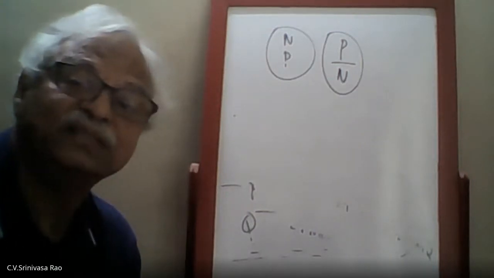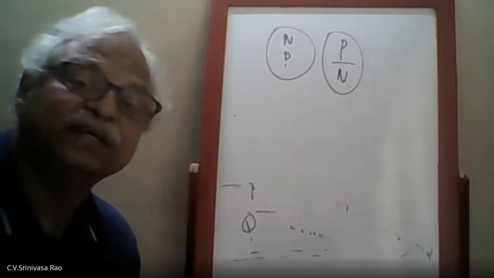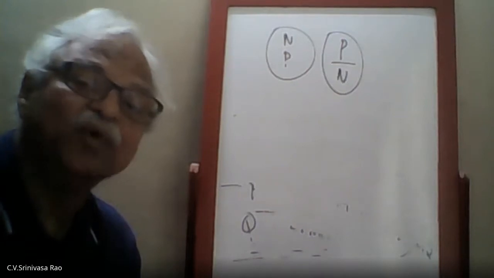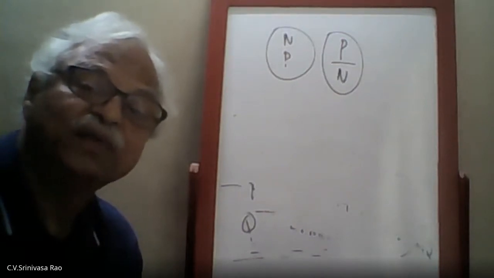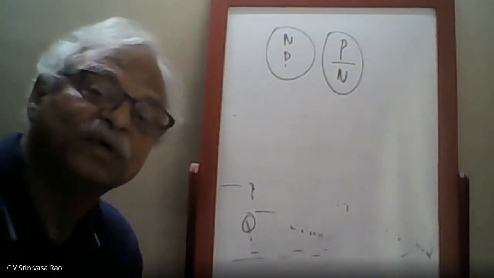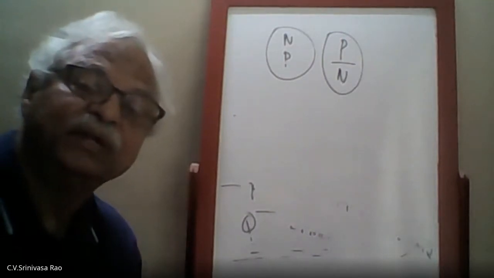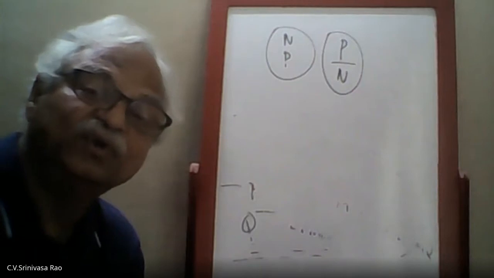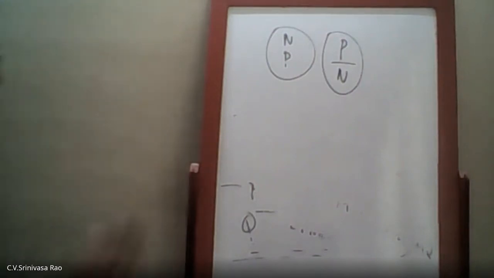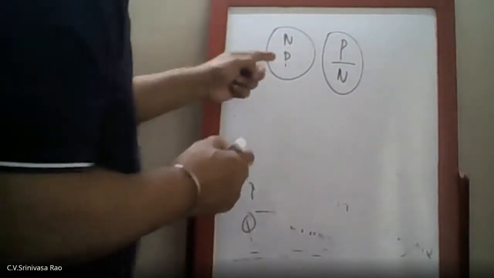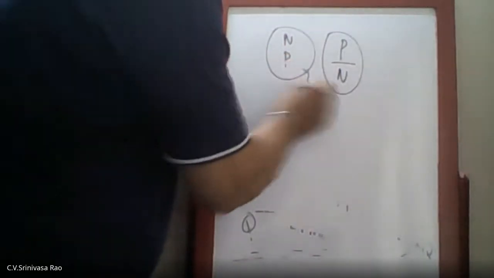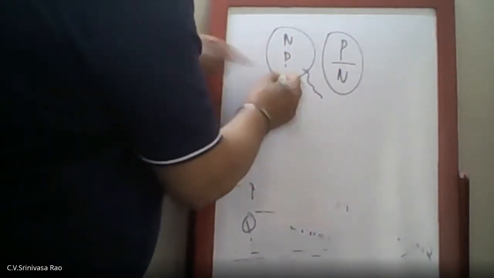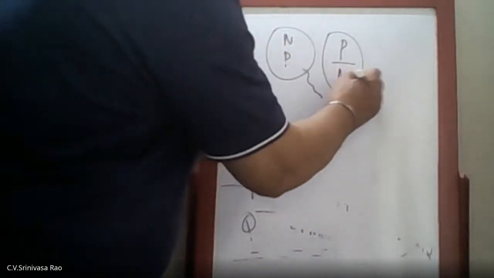Because mass is increasing by adding more and more neutrons, the nucleus becomes unstable to beta decay. So immediately that nucleus will decay to a stable position if I keep on adding more and more neutrons.